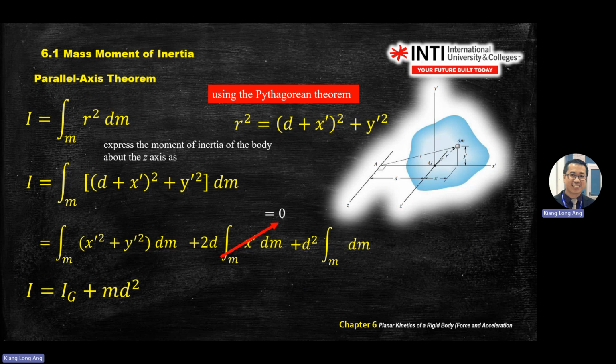D is 0 because you have already moved your focus point from A to G. You need to read the question carefully. If the question asks from the center of mass, straight away calculate Ig, which you read from the table.